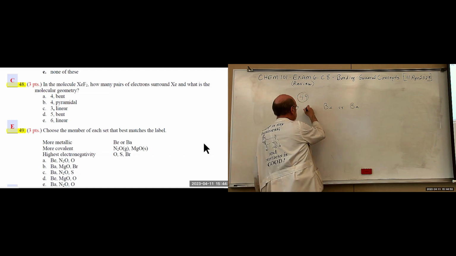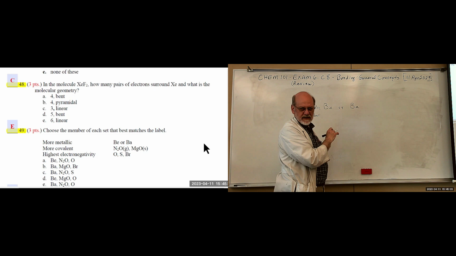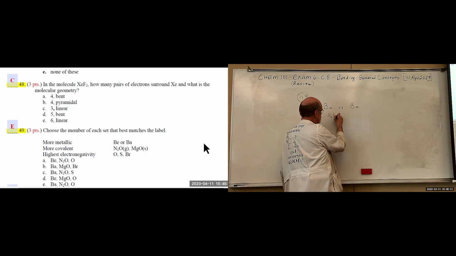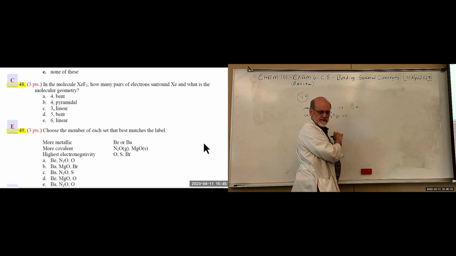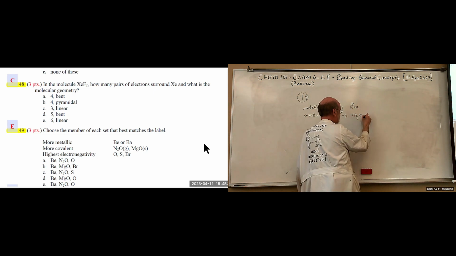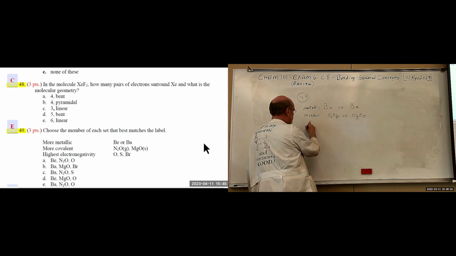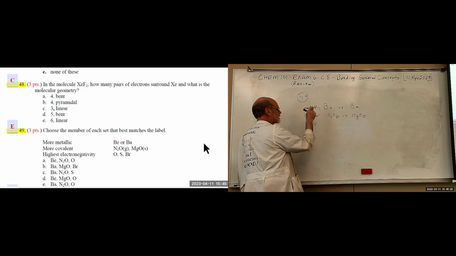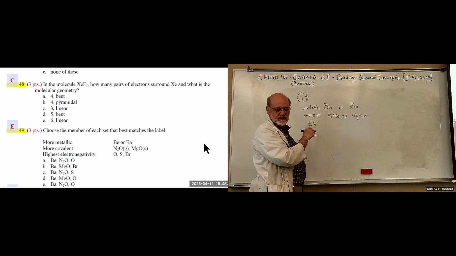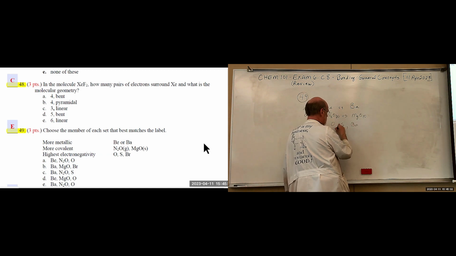This is metallic, and the next one is covalent, and we've got N2O gas versus MgO solid. And the last one, highest electronegativity. So more metallic, more covalent, highest electronegativity: O, S, and Br, right?